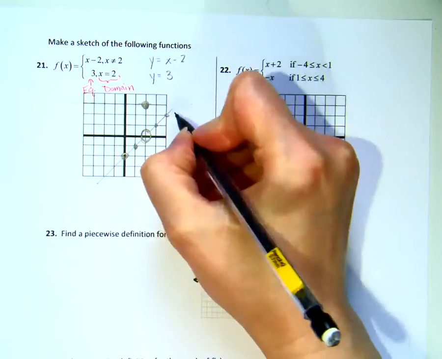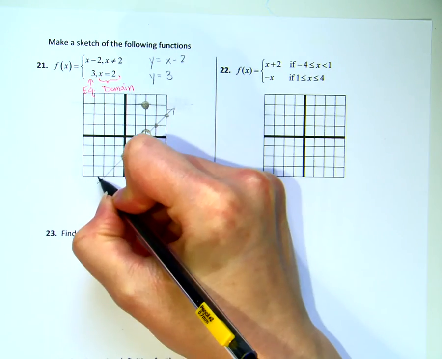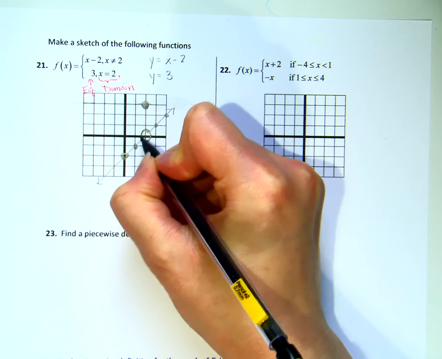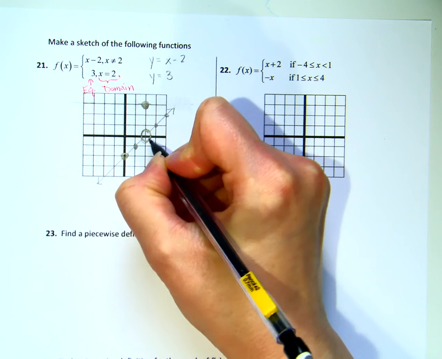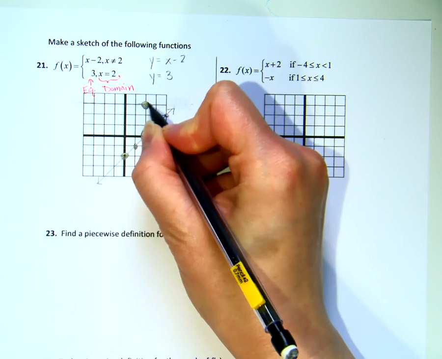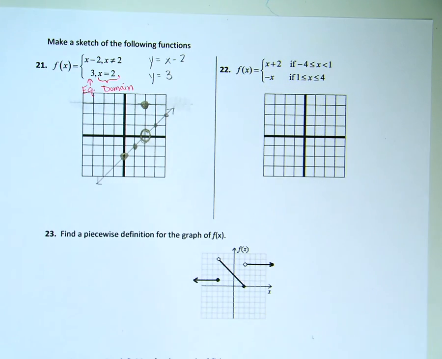So this is my piecewise function. I have that line y equals x minus 2 everywhere except x equals 2. That's the only place where I have the second function y equals 3.